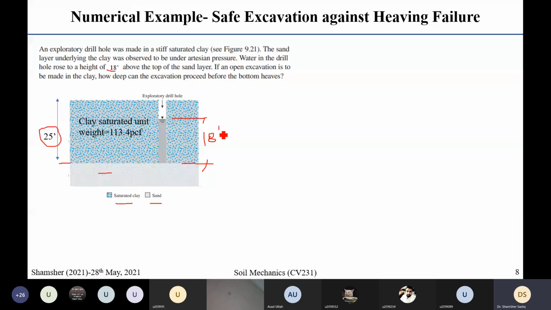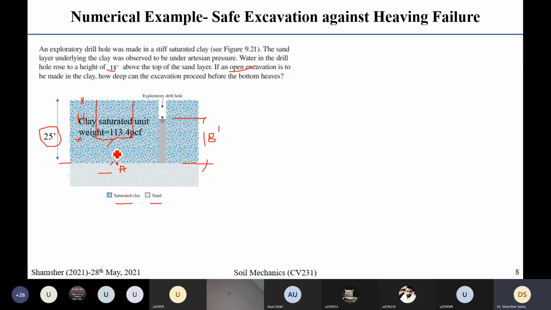Now they want to have the open excavation, for example this much excavation here, capital H, such that they do not have any failure. So again, you need to calculate the stresses, the total and effective stress at this point, and put it equal to 0 for the heave condition.